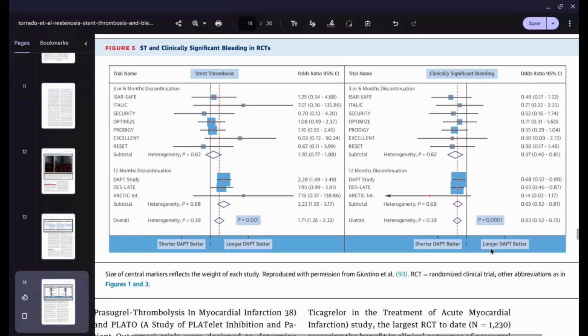If you treat it for very, very long, your chances of bleeding are very high. And if you treat it for very, very short, the chances of thrombosis are very high. That is the way to read these two figures. So a shorter time span of treatment is problematic, and a longer time span of treatment is also problematic.